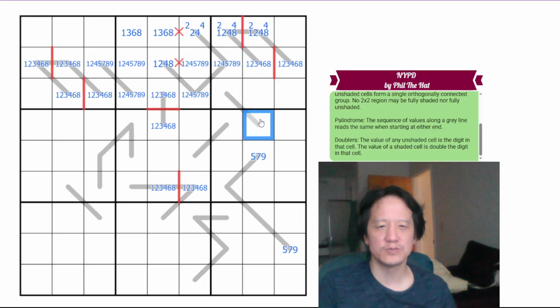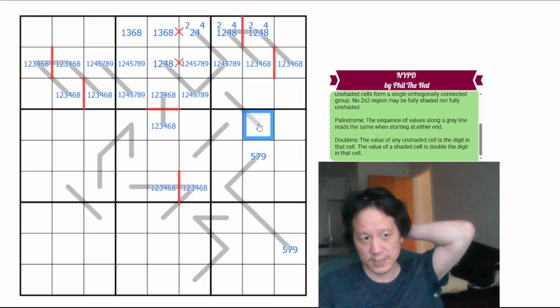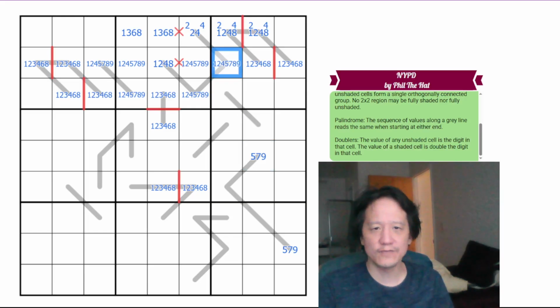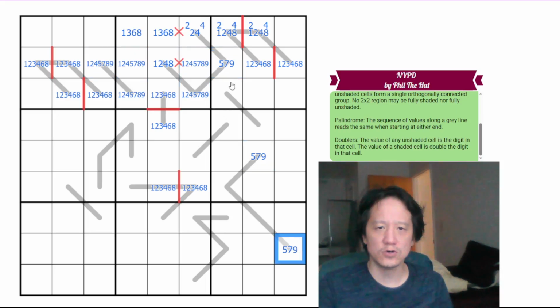This cannot be the same digit because even if it were, it would have to be with its same digit on the palindrome, and that would fail. So this would have to be 5 7 9. So these would all be the same. So this would also be 5 7 9 here. So these would be the same digit, guaranteed.